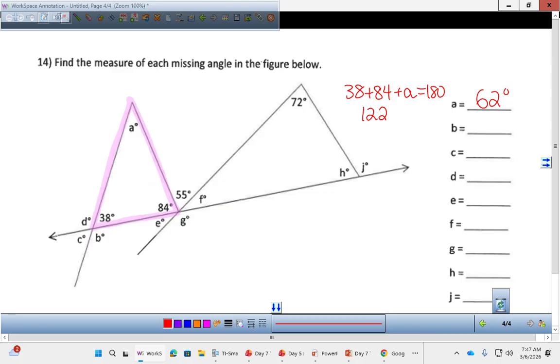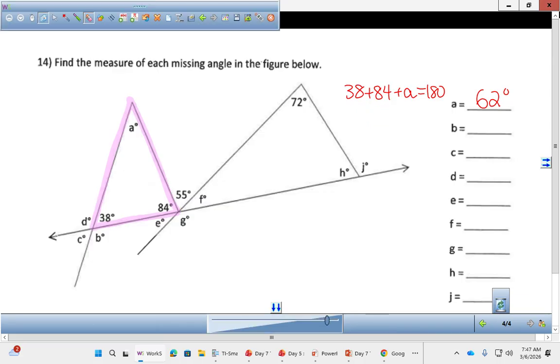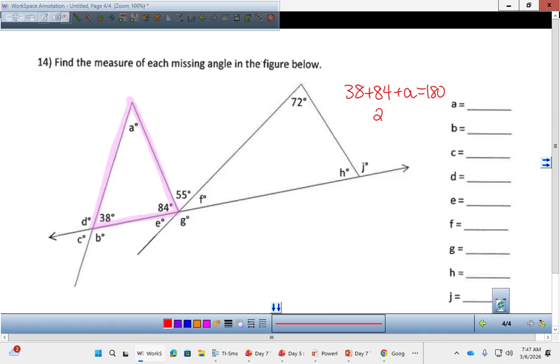I don't know that I'm going to get 62 for this. Can you just double check that? It's 58. I don't think we got the right one. Okay. So if I add these together, I'm getting 122 plus A equals 180.